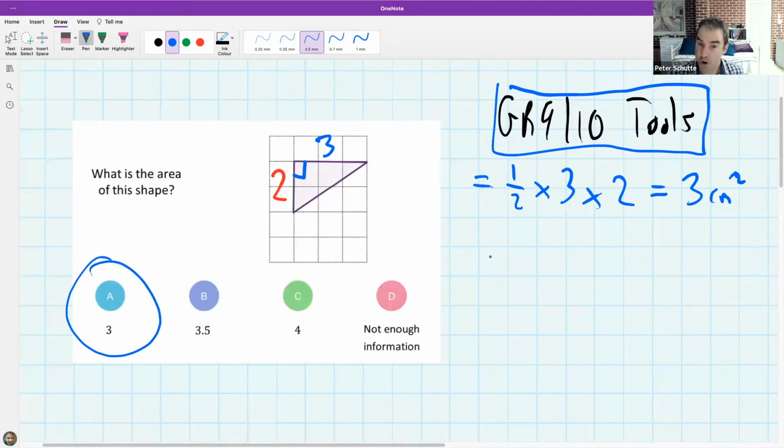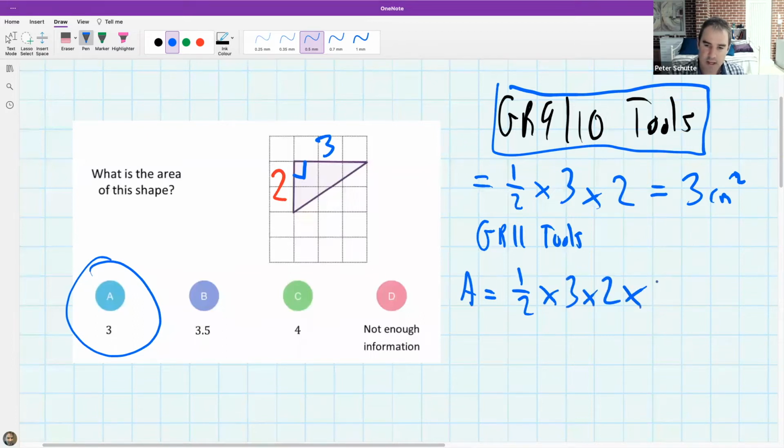Now, just to show you this new magic grade 11 tool will work for this question as well, the area rule would say a half times 3 times 2. And what is the angle in between the two sides? Well, the angle between the 2 and the 3 is 90.